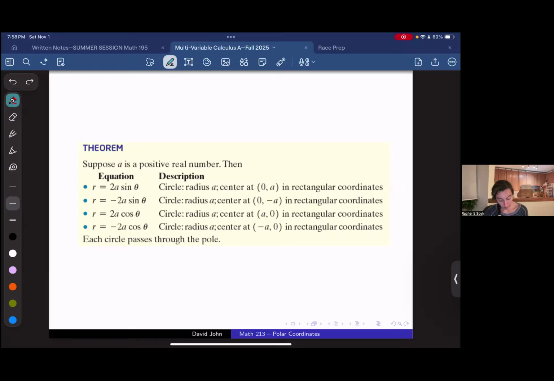If we were dealing with cosine instead of sine, then our points are going to be flipped. Instead of it being 0, a, it's now going to be a, 0. And then again, if it's negative, then it is going to be negative. So this is sort of like a cheat sheet to help you save some time.